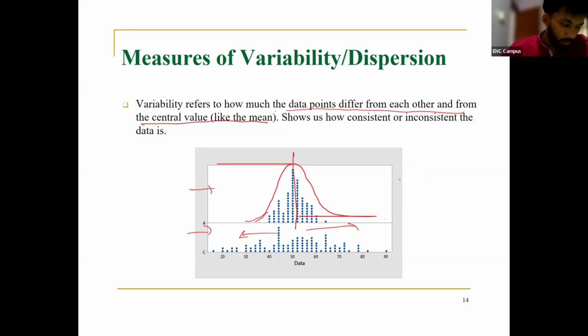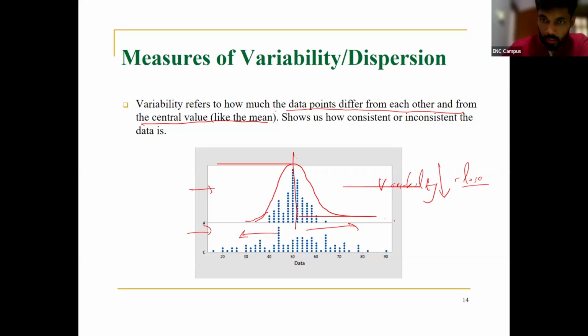If the variability or the scatter is low, data points are gathered closer to the center.